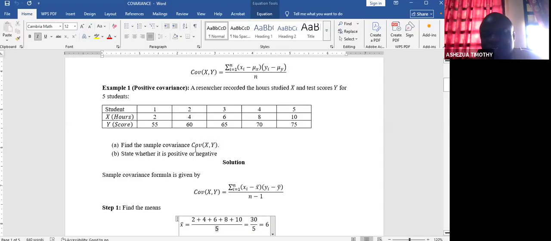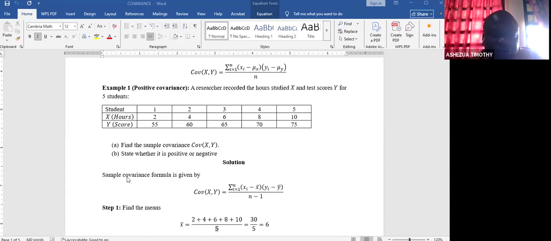As you can see, we are specific that you should find the covariance xy. B, state whether it is positive or negative. You have to state whether it is positive or negative.